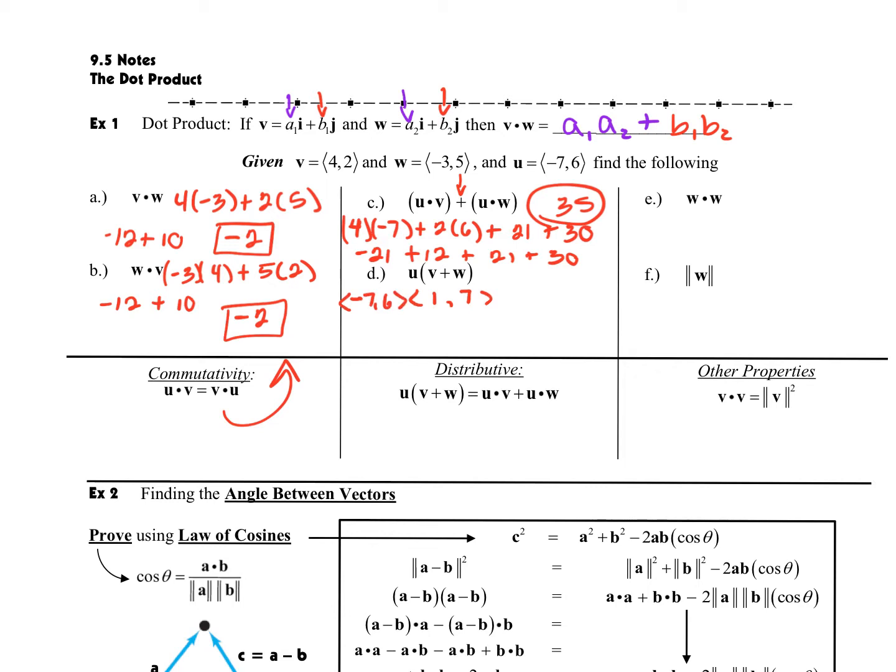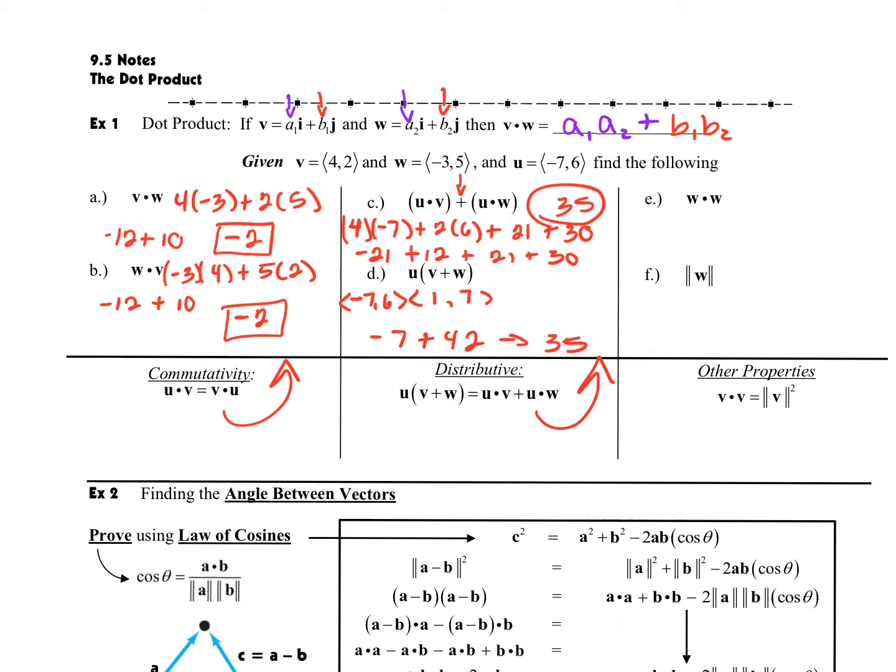Now, if I find that, negative 7 times 1 is going to give me a negative 7. 6 times 7 is going to give me 42. And sure enough, that gives me 35. So what these two examples want to show us is that the distributive property applies. If I distribute this U vector, U dot this sum is the same as this, so the vectors can be distributed.